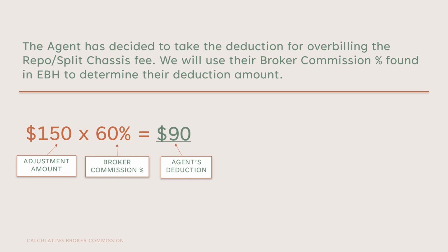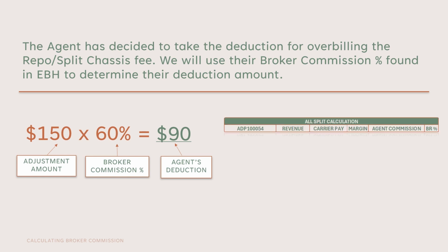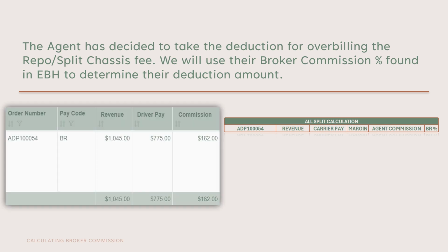I'll also show you what it will look like if we use the all split calculation because I know some people are more visual and seeing it all broken down helps you retain the information better. So we're going to take our all split calculation. We're going to use our billed charges. So our revenue was 1045.